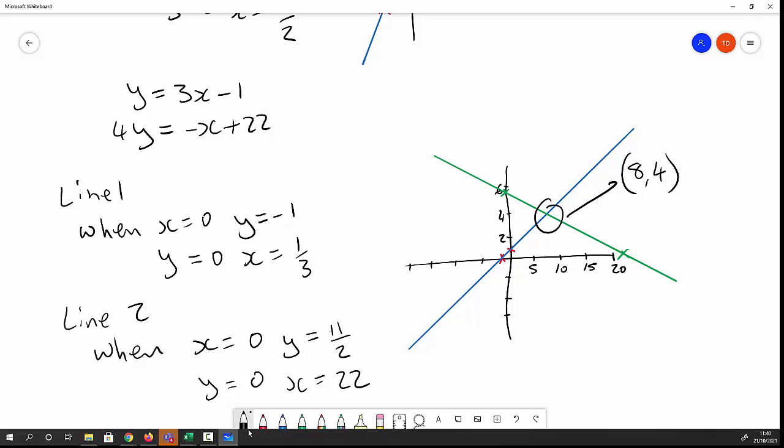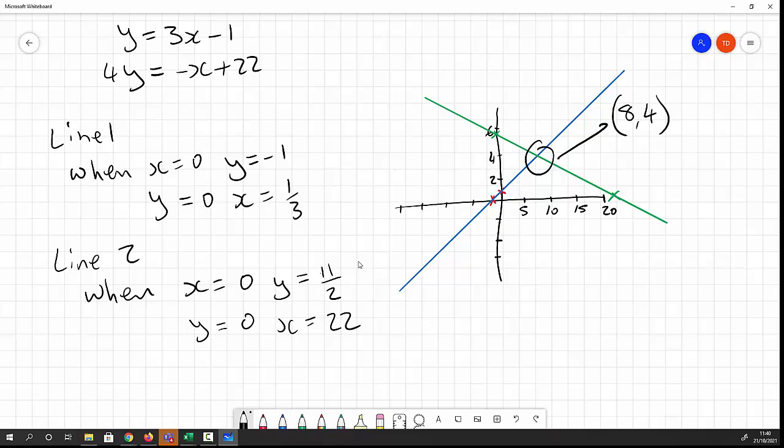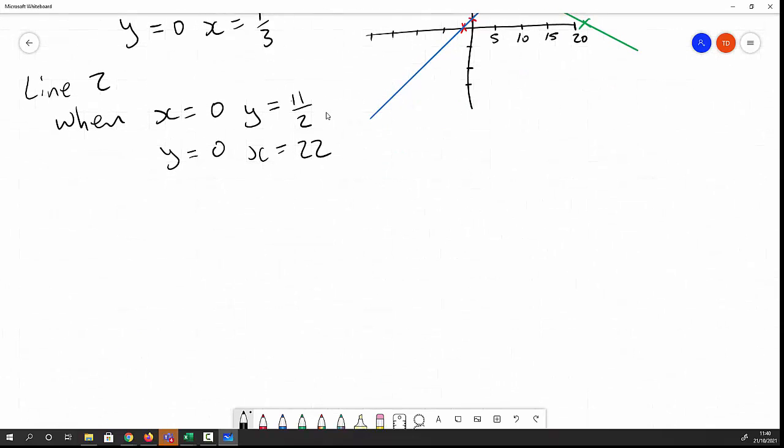So if I just take that equation, let's move the page up a bit. It's y equals 3x minus 1. And the other one was 4y is equal to minus x plus 22. I'll call that equation 1 and that equation 2.